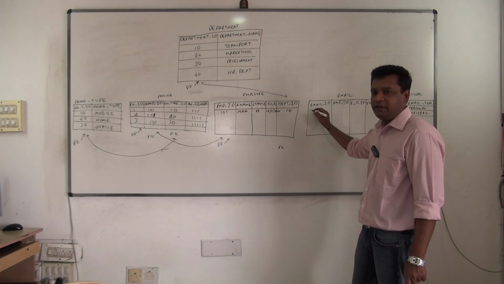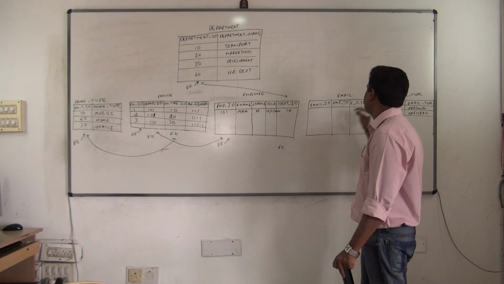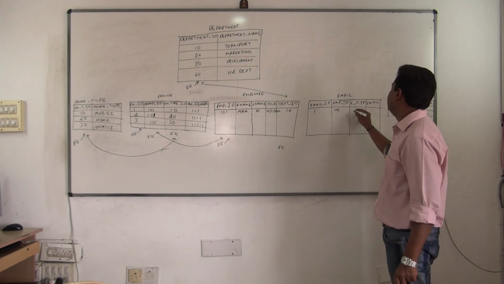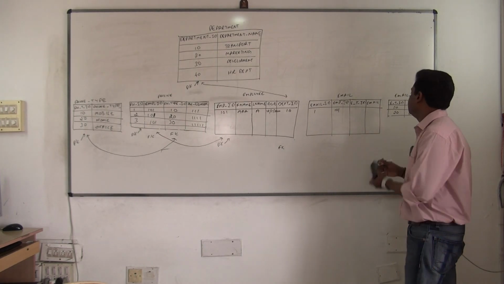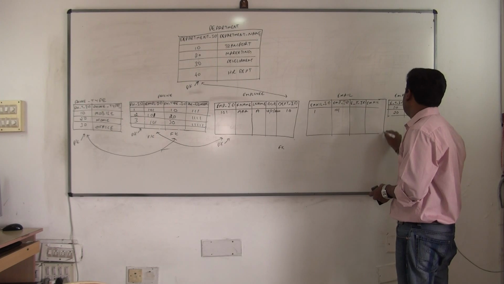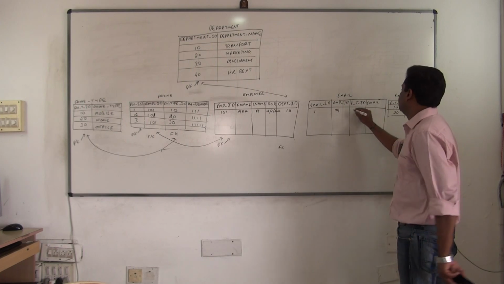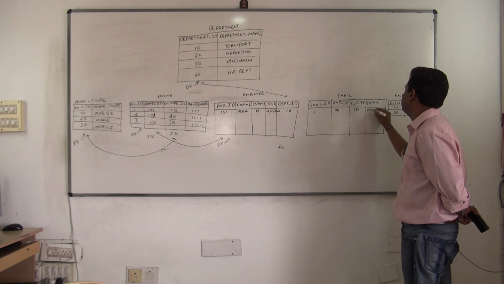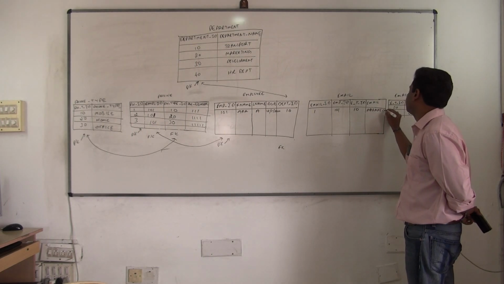Same thing with email now. So email ID would be 1, employee ID is 101, email_type_ID. I'll take first personal, 10, and his email would be a@gmail.com. That is personal.